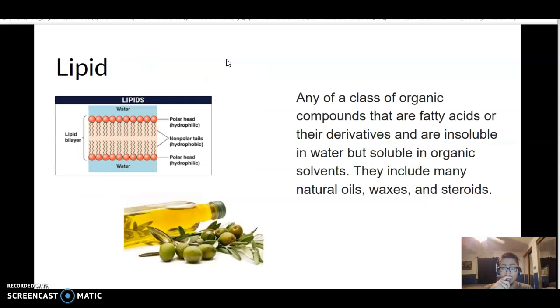What's a lipid? A lipid is any class of organic compound that is a fatty acid or their derivatives and insoluble in water, but soluble in organic solvents. So what that means is there are some words up here for a lipid that I'm not sure if anyone has explained to you, so I'll quickly go over them.